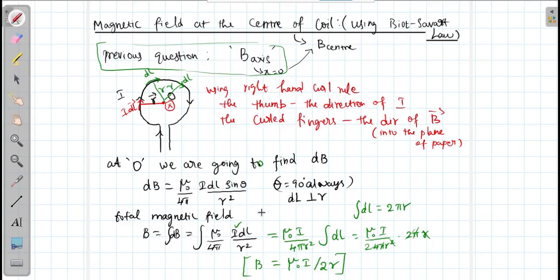Sometimes they ask it in a 2 mark question. Suppose you have n number of coils, for n coils, B becomes mu naught n I divided by 2r. So the n will be multiplied along with I.